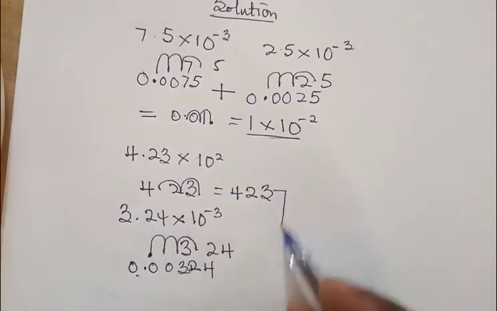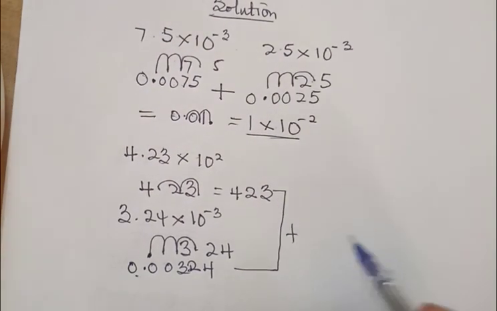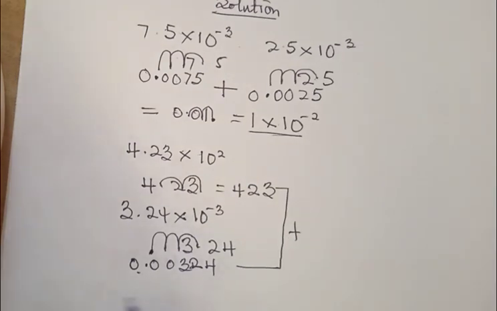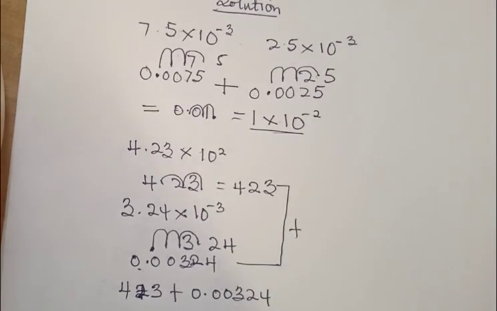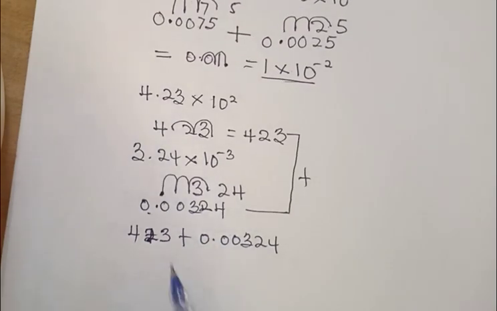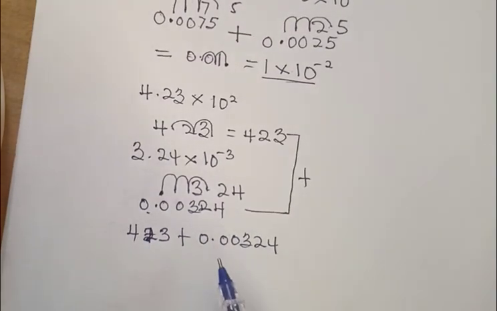So I'm going to add this to that. Okay, so it's going to be 423 plus 0.00324. So this is what I'm going to add. So I'm going to add this to this. And after that, I change it to what?